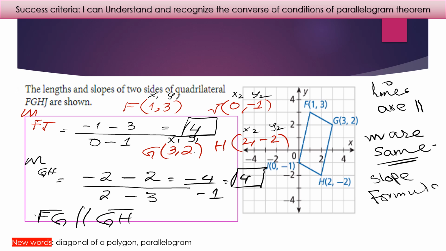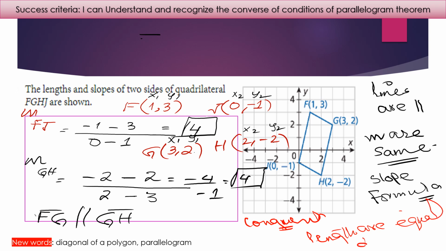Second, in order to determine that two lines are congruent to each other, you have to find out that their lengths are equal. And in order to find that the lengths are equal, you should use the distance formula.